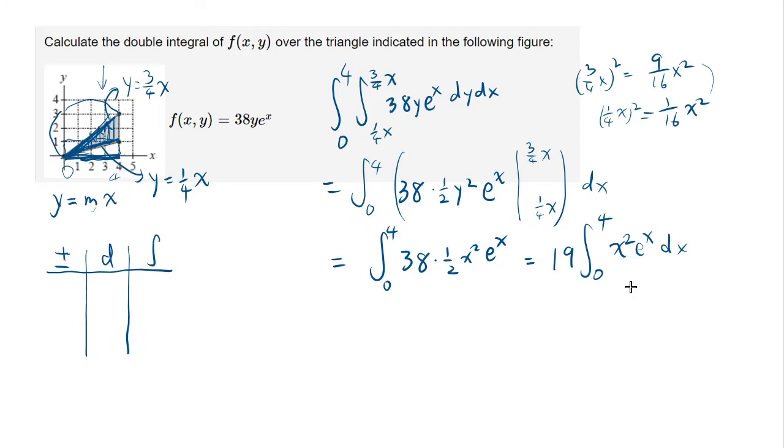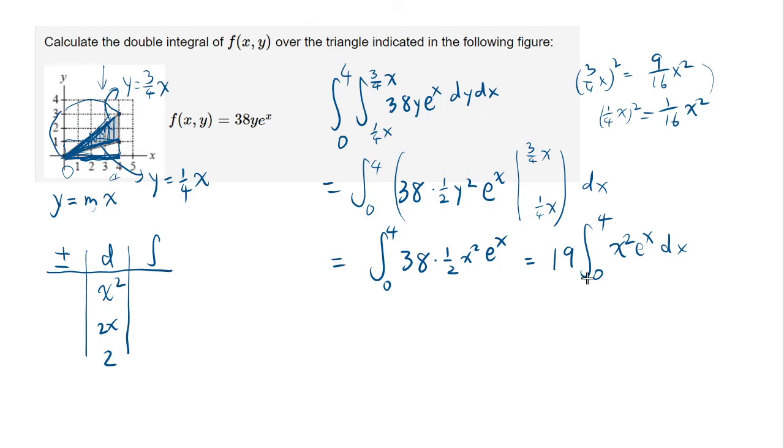So you can solve this by using integration by parts twice, but that takes a long time. Tabular integration is equivalent to integration by parts, meaning that anything that you can solve with integration by parts, you can solve using tabular integration. But in many cases, this is faster. Not always, but in many cases it's faster.